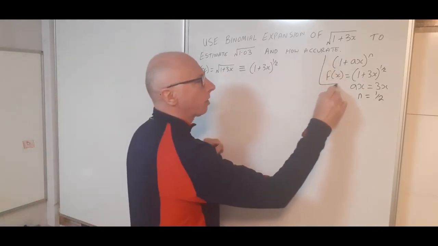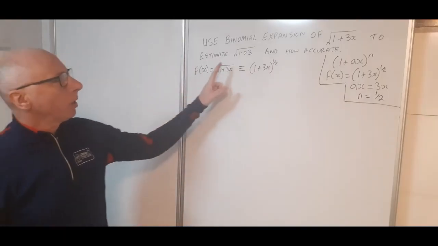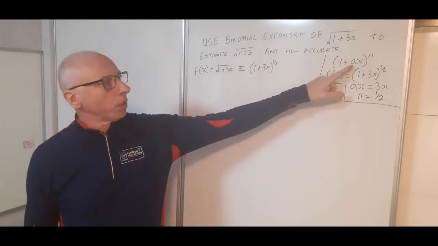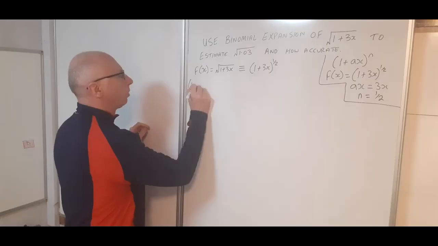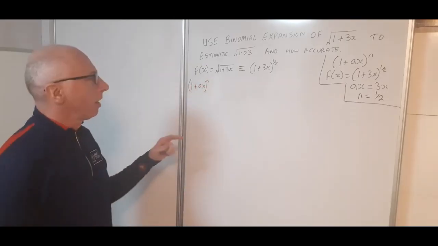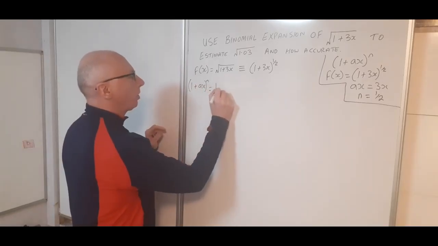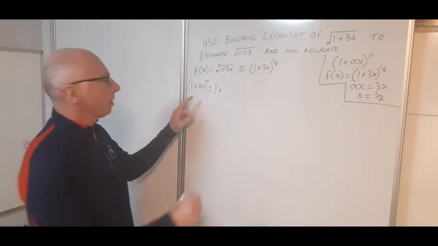Okay, now let's put this in a box. Now the binomial expansion formula for terms of this format, our general way to write it, is 1 plus ax to the n equals 1 plus, then we get n times ax.